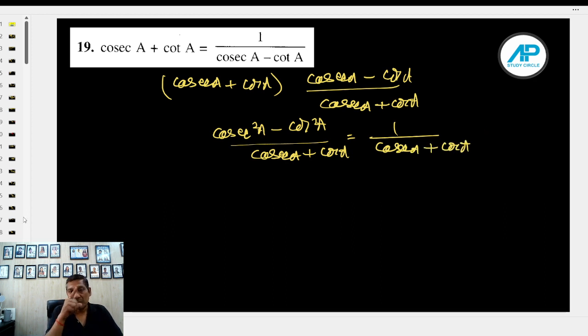It is 1 upon the bracket, this sign is not correct. 1 upon cosec a minus cot a.